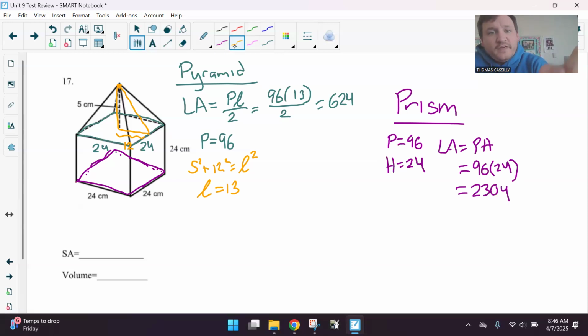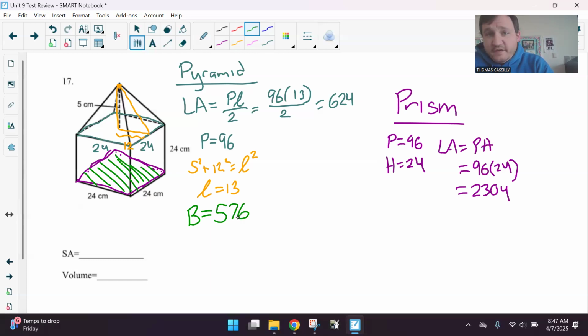The very last thing we need, which I mentioned earlier, is the area of this bottom piece. I'm going to put capital B. That is the area of the base, and we're going to need this number for both of them in a moment. 24 times 24 gives us 576.